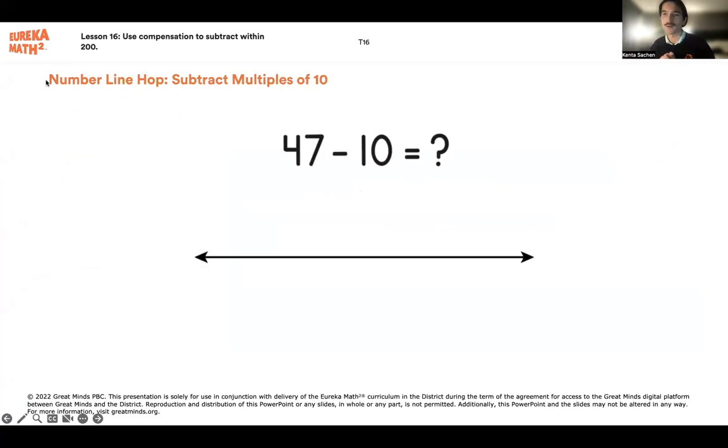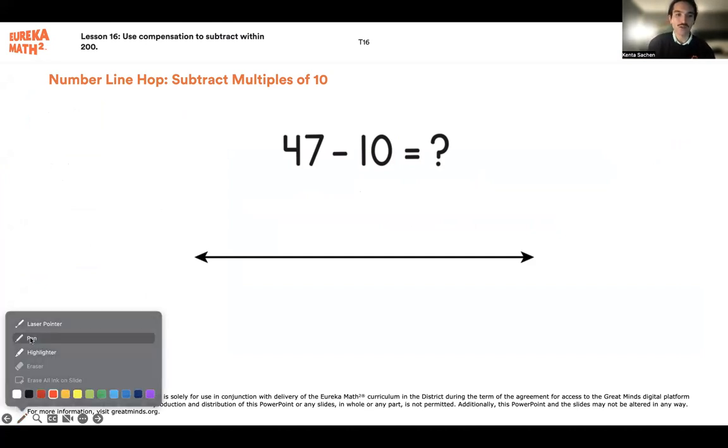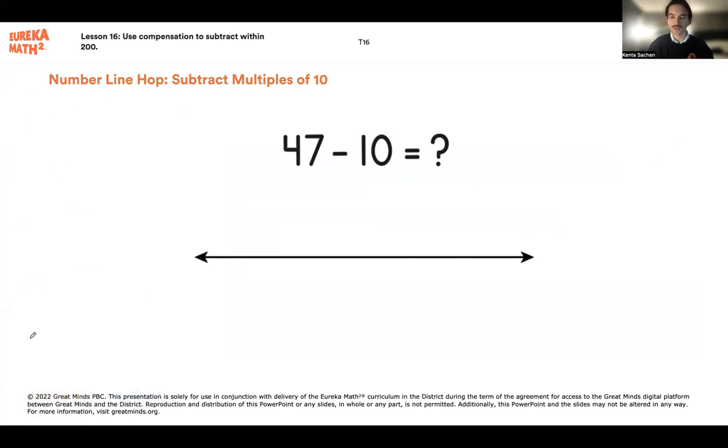So we have a problem right here. 47 minus 10. Now you could count down 10. You could do that. That's an option, definitely. But a better way to think about this problem is to think with our tens, right? We have 47, which is 4 tens, 7 ones.